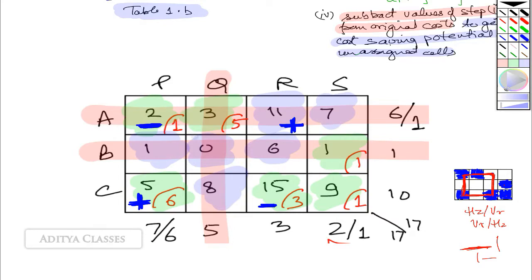Yes. So I have checked the 1 unit option in both. I have checked the 3 unit option in both. 3 can be removed from here, but cannot be removed from this cell. Whereas 1 can be removed from here, can be removed from here, can be added here, can be added here. So the thumb rule we can make is, we will be adding and subtracting the minimum of the assignments. What is the minimum of the assignments? It is 1. I'll be adding and subtracting this.